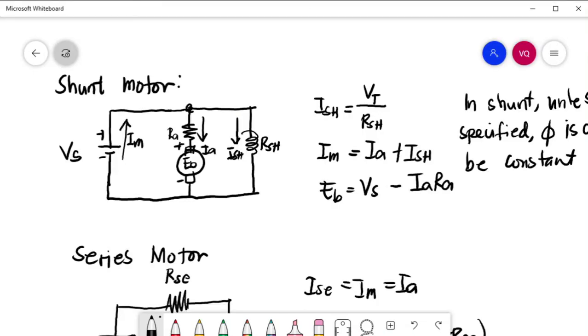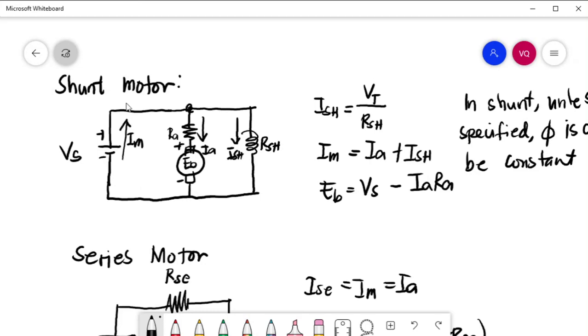This is the circuit diagram of the different types of motor. First is the shunt motor. Same circuit diagram as in generator. The only difference is the direction of currents. So, in generator, we call this one terminal voltage, but in motor, we will call it source voltage.